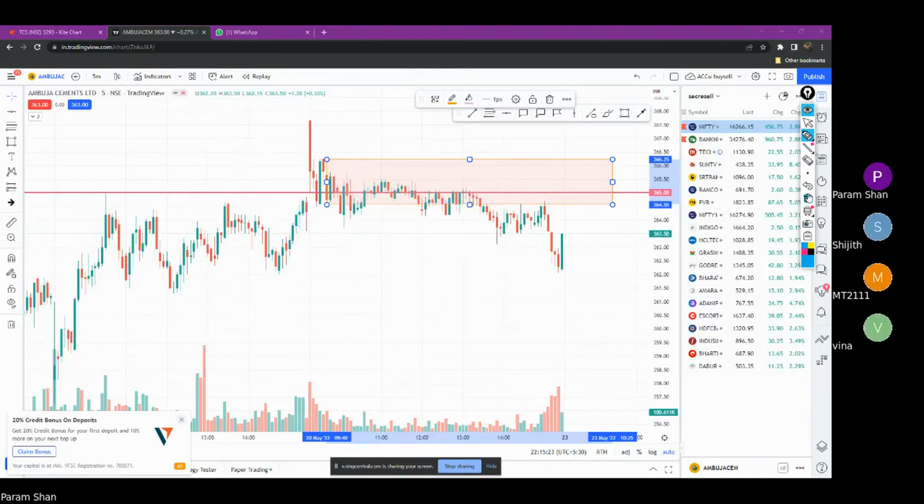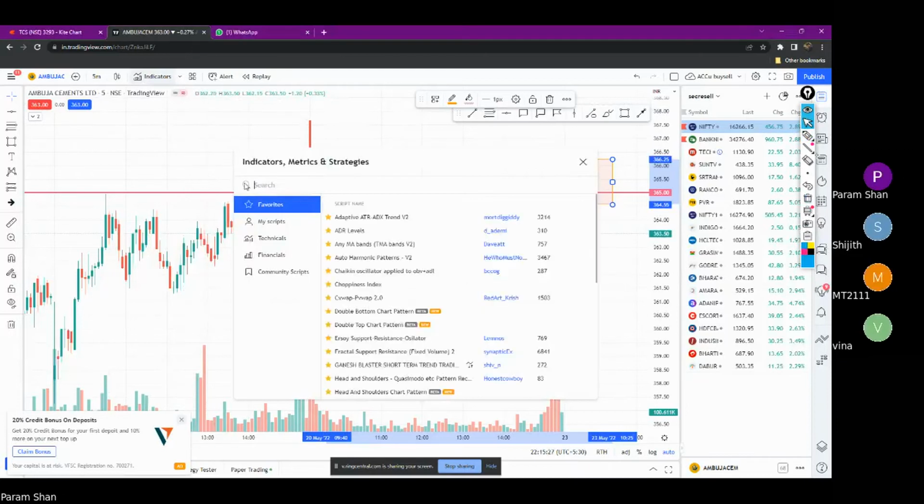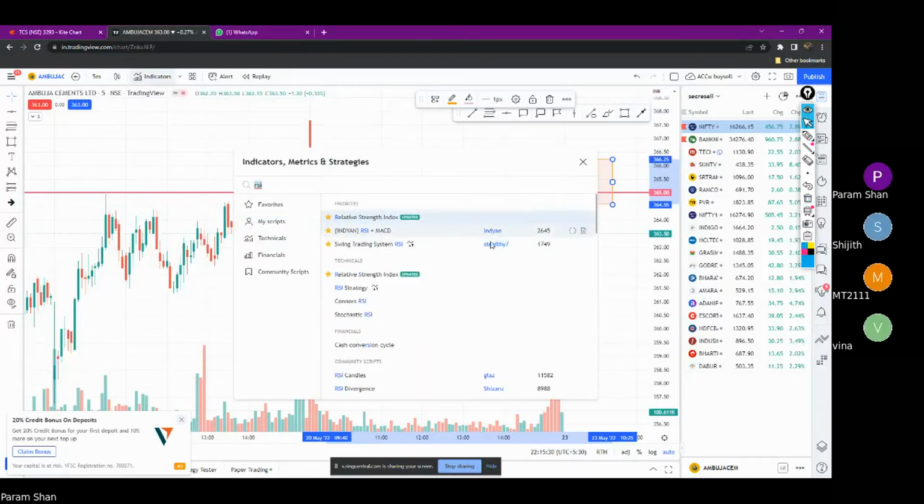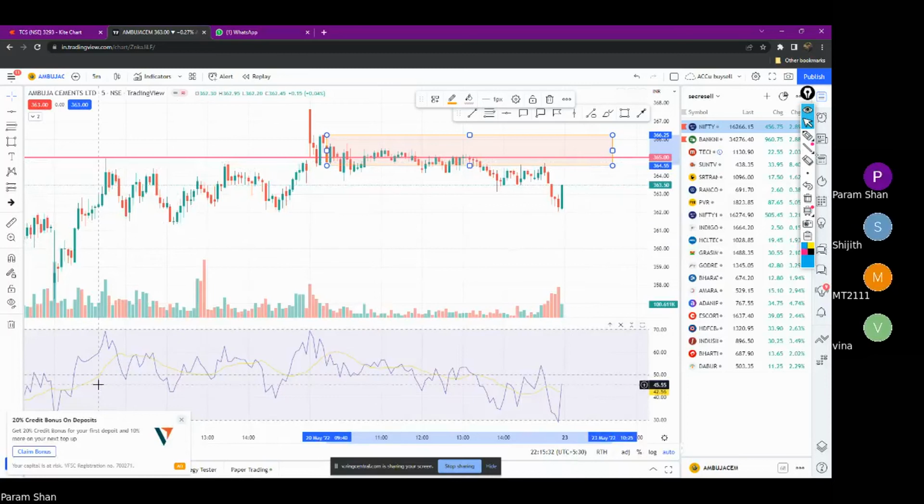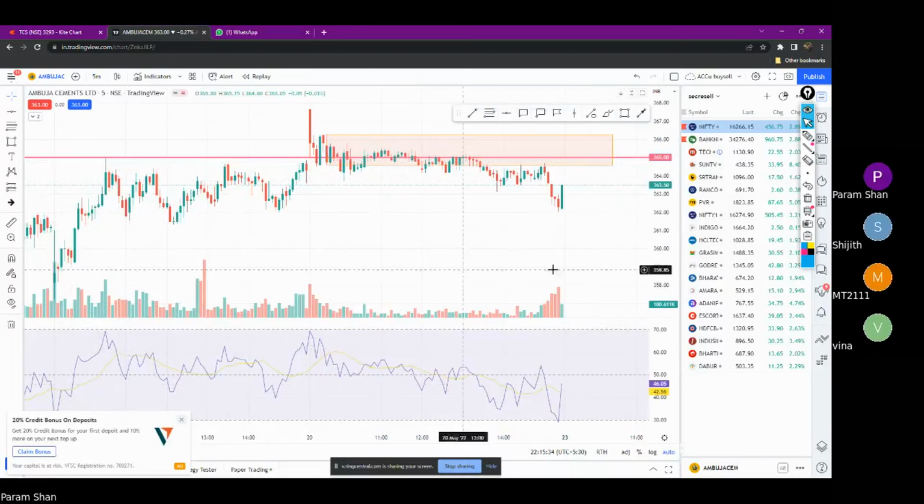So now in this situation, let us see what could have happened if I had RSI. So we'll change our RSI settings. Where is this? Here, upper. That's right. You have to go to indicators. Right.